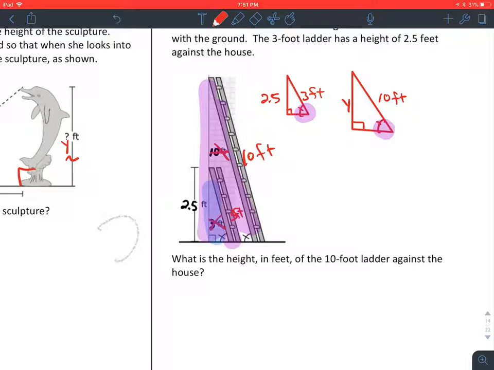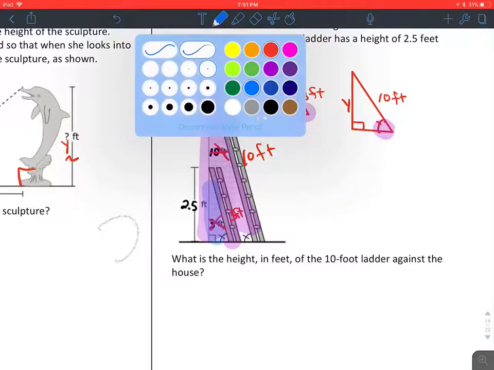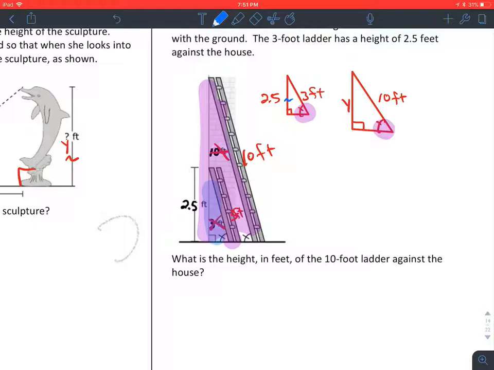These two triangles are similar by the angle-angle similarity. So that means that this side corresponds to this side, and this side corresponds to this side. Therefore, if we make a proportion, y is to 2.5 as 10 is to 3. There are 8 different ways to make this proportion correct.